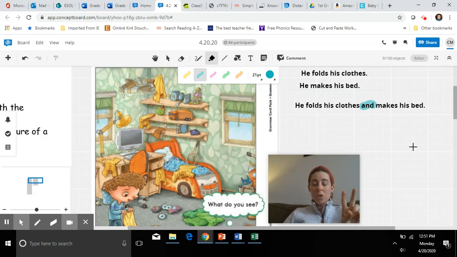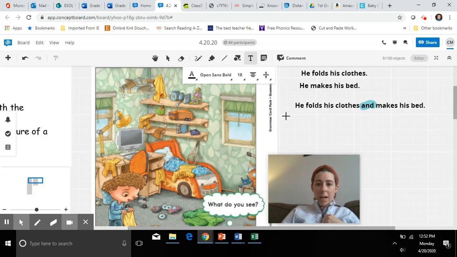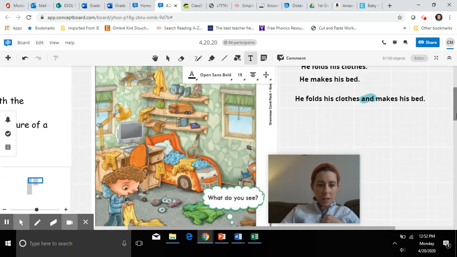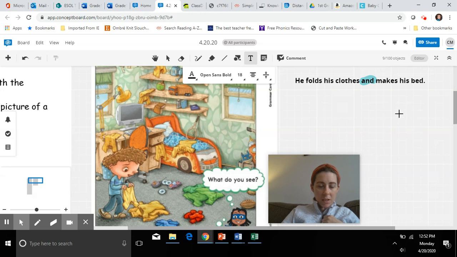Let's think about 2 more things that the boy could do to clean his room. Okay. Let me see. I am going to go down a little bit right here. What else do you see? I think he has to put some things away. Can you see what he has to put away?